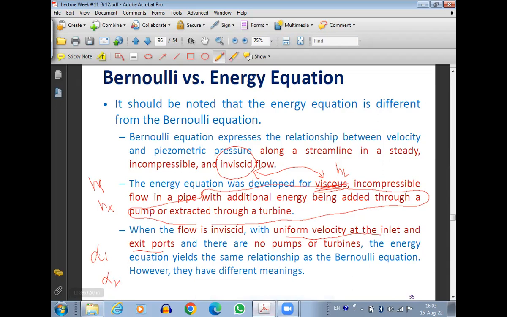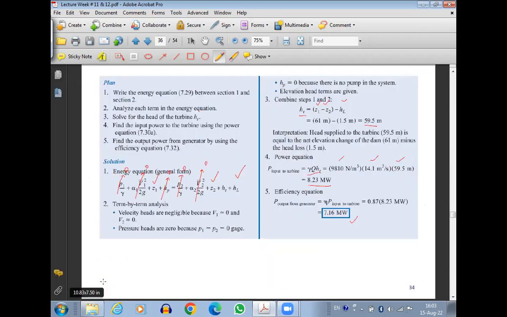Obviously the non-uniformity in the velocity profile is going to affect the kinetic energy. So we have alpha 1 associated with V1 squared over 2g and alpha 2 associated with V2 squared over 2g.